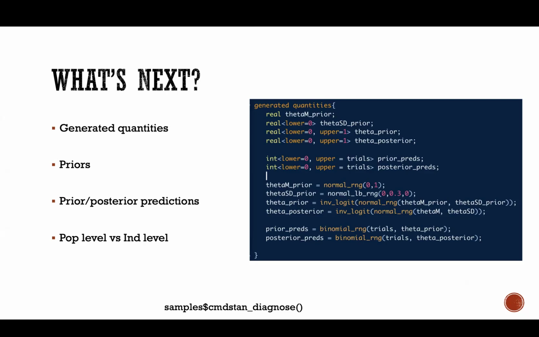That is, were we to pick a new sample of agents, where would we expect their average to be? But we might also save the posterior and prior predictions for the individual level. Which could be, if we were to pick a new participant that we haven't seen before, what should we expect from that participant? Or if we pick a specific participant, what are the predictions of the model for that specific participant?